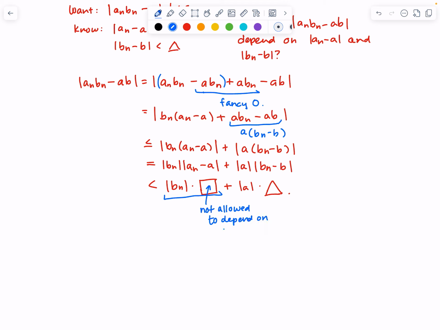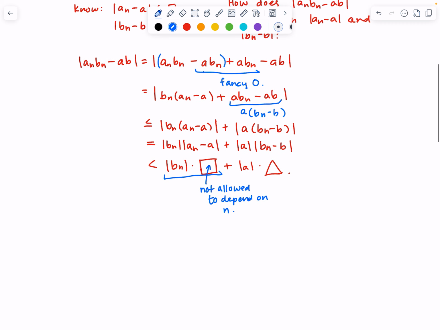That tells me that what I need to do is get rid of that expression Bn and relate it to a single fixed number, because I can only handle fixed numbers inside the box, and we know that Bn converges to b.